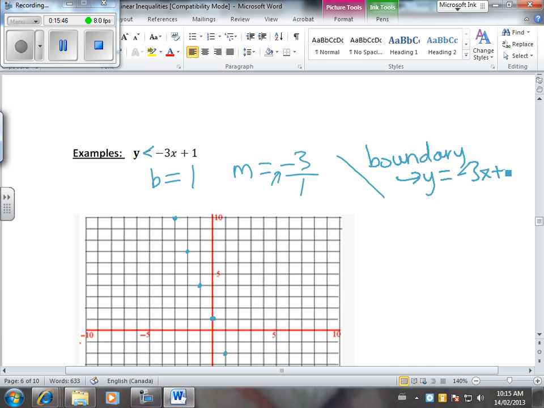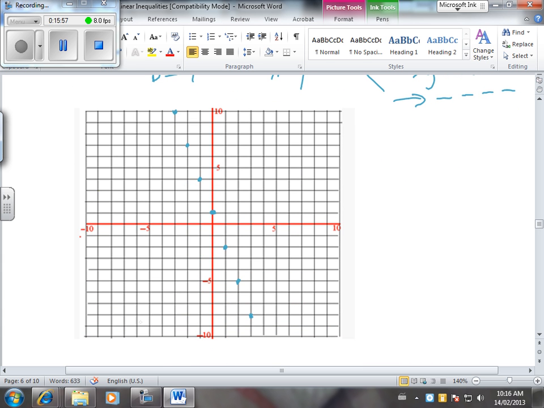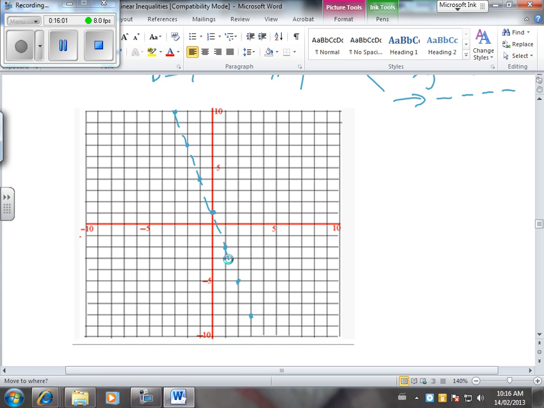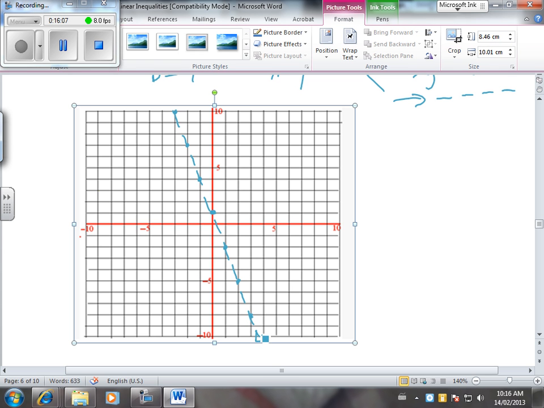And that's the line we just plotted. And we will have what kind of line here? Hopefully you said a dashed line. And so let's fill in our dashed line. Okay, our dashed line. And we can add little arrows to that.